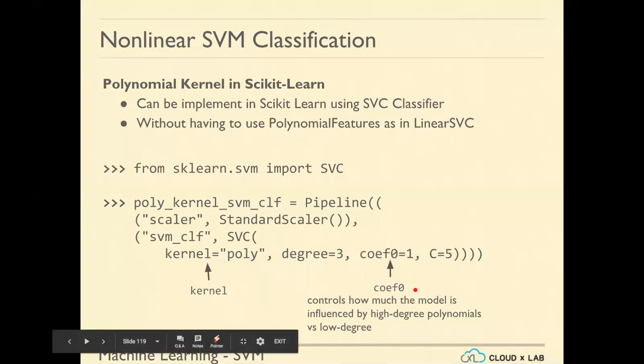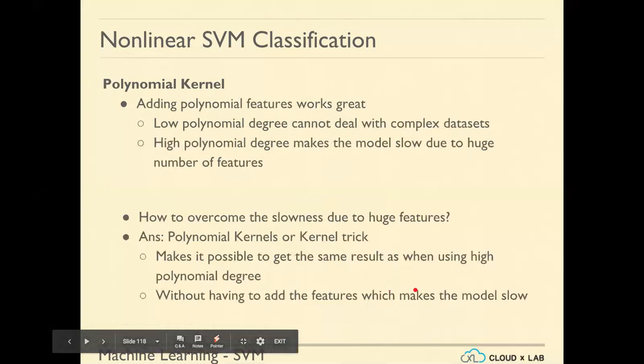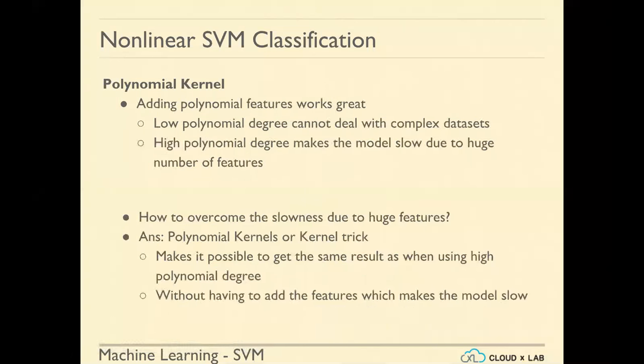I have not described kernel much. All I've described is that polynomial features slow down the entire data set, because as you increase the degree, the number of features increase exponentially.